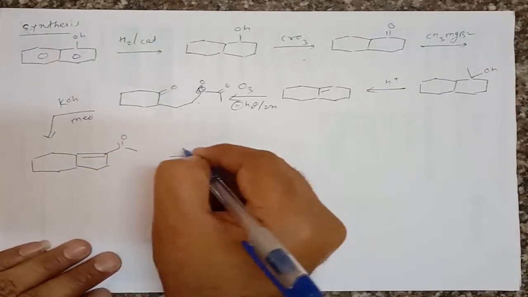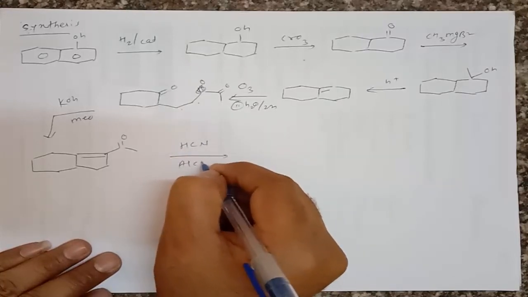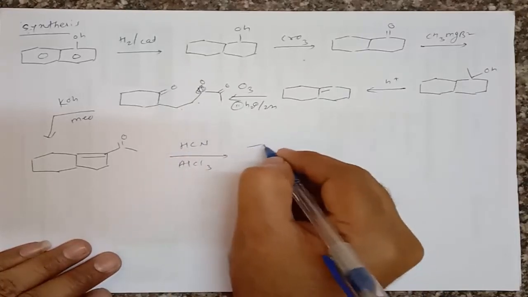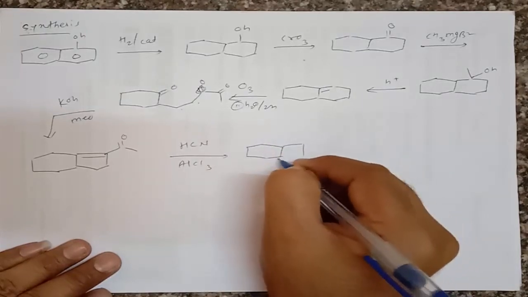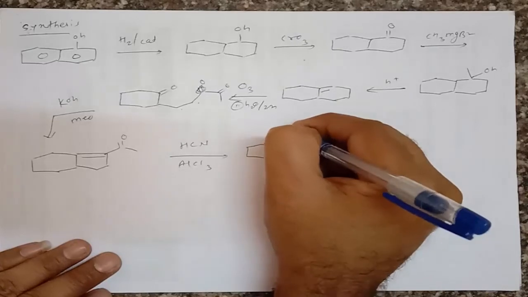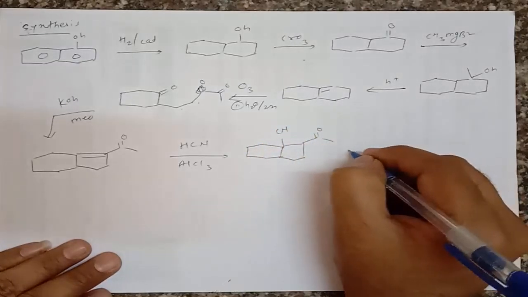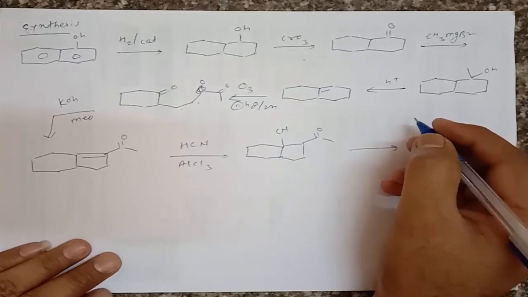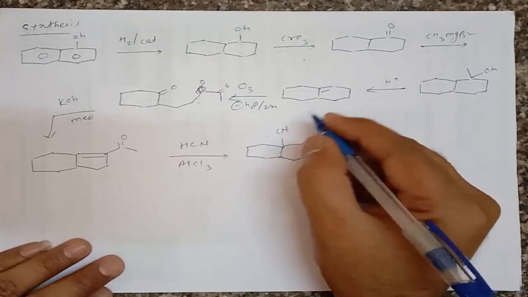Then we have to treat this molecule with hydrogen cyanide in presence of AlCl3. So what does it give? It gives this cyano compound. So here is the CN group and the ketone will be the same here. Then we have to protect this ketone because we have to reduce this nitrile into an amine.